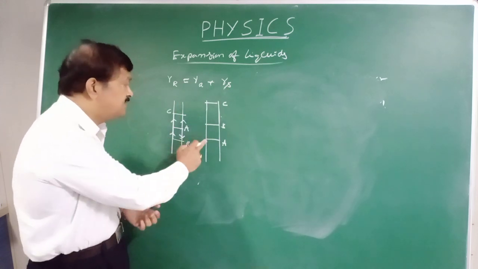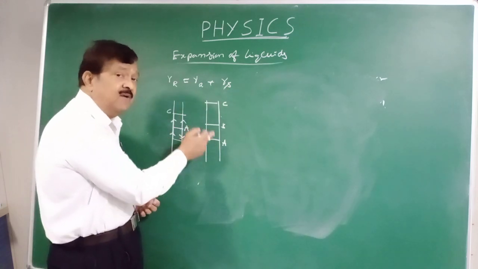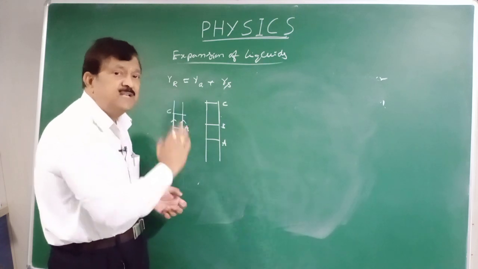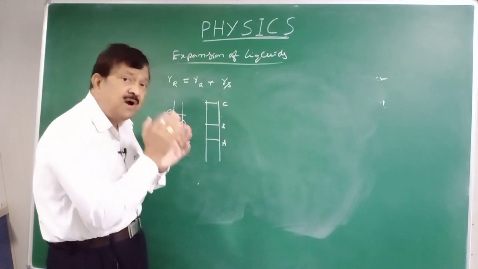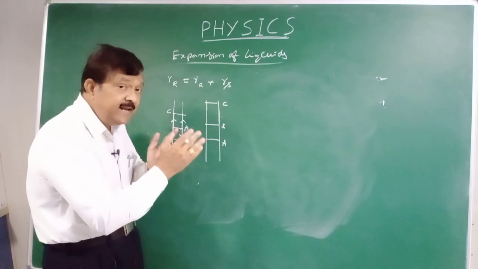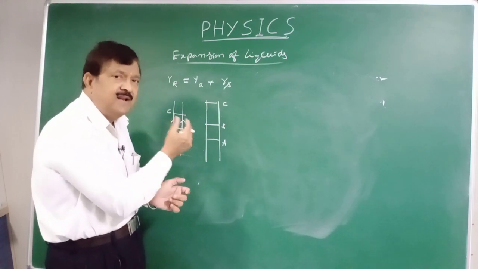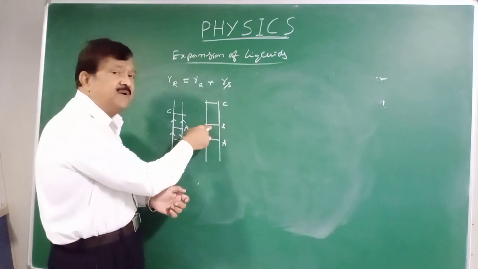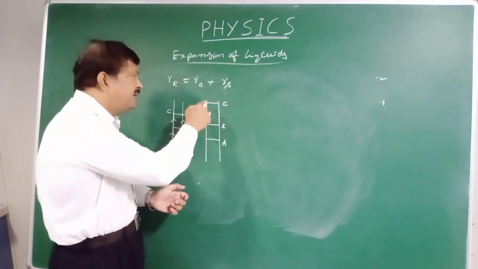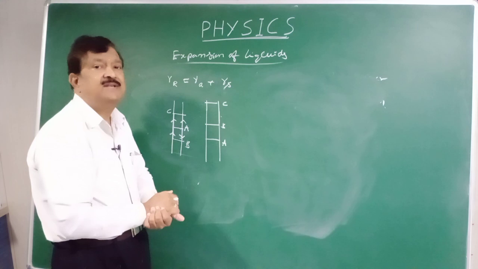In this process, when the liquid level is increasing from A to B, the liquid is not expanding, only the container is contracting. As the container is becoming a little bit smaller container, the liquid level is rising from A to B, and then from B to C, the liquid level is again rising.